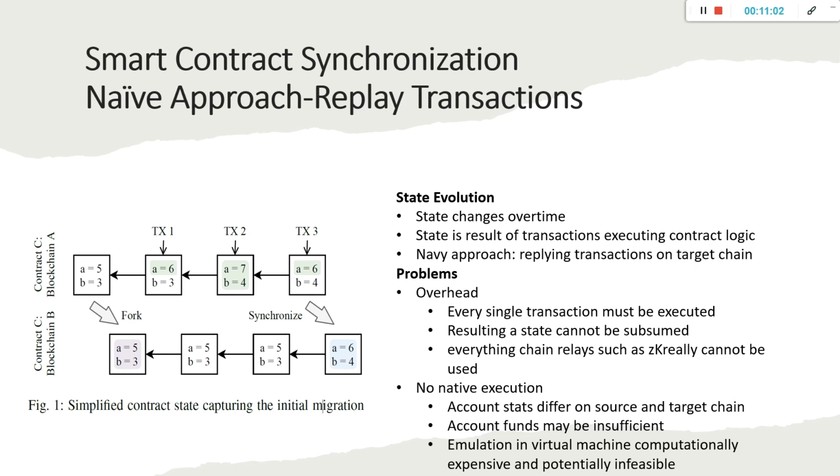And here is the naive approach for replaying the transactions. In the figure we can see in blockchain A there is a smart contract, and here is the fork of that smart contract in blockchain B, and three transactions have taken place in blockchain A, and they need to be somehow copied to blockchain B. There are some problems, like the overhead, because each of the transactions needs to be copied.